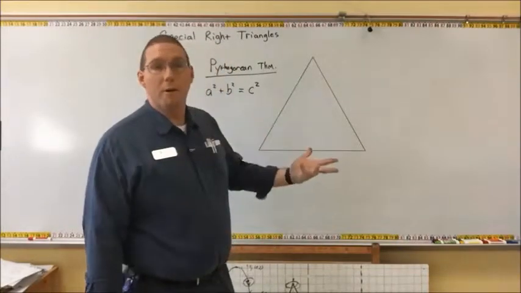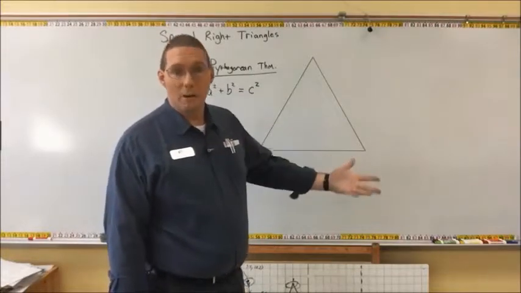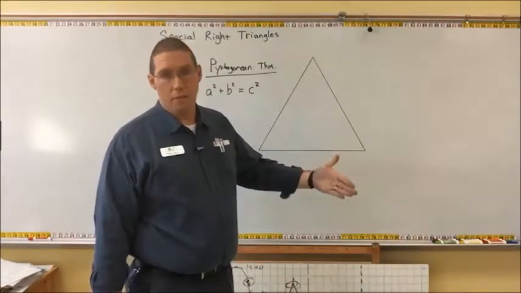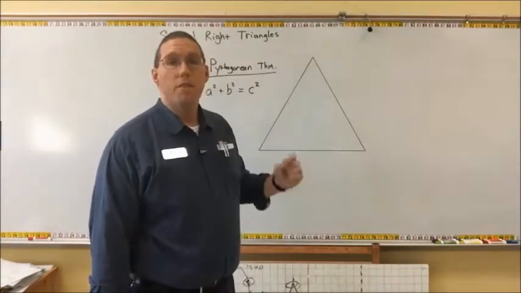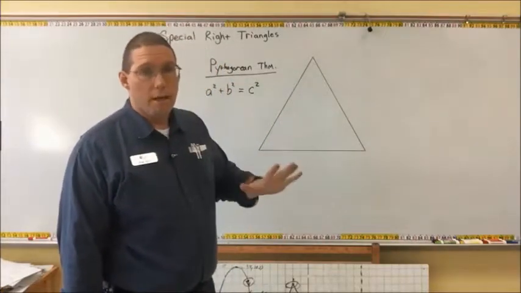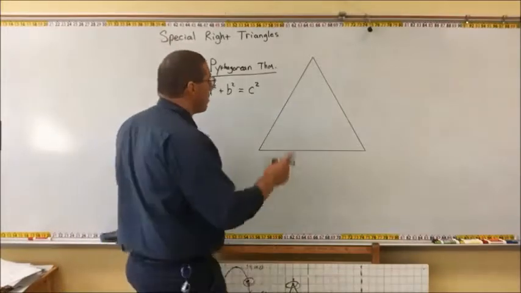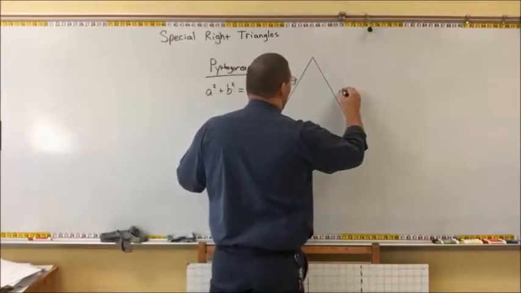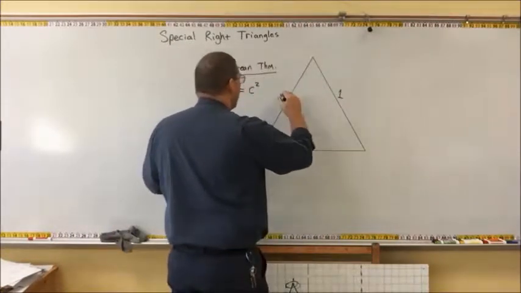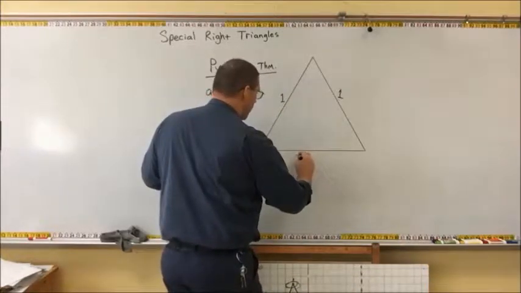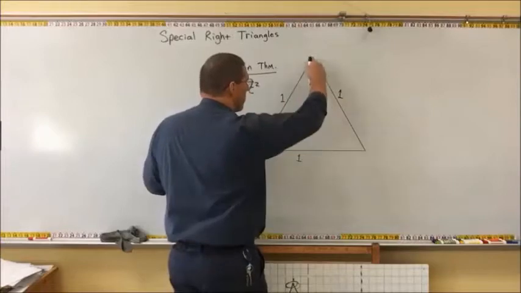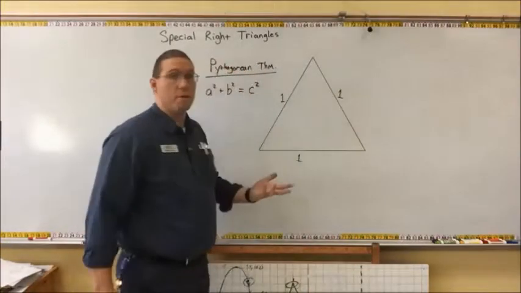Well, it's equilateral, equal lateral, okay, equal lengths. It has 3 sides that are all the same length. This particular equilateral triangle has 3 sides that are all a length of 1. So this length is 1, this length down here is 1, and this length is 1.